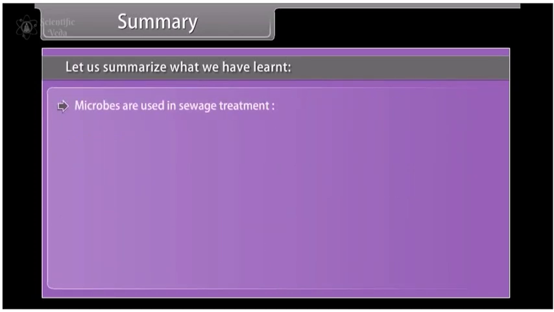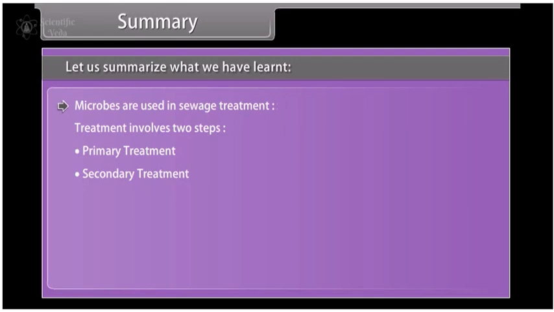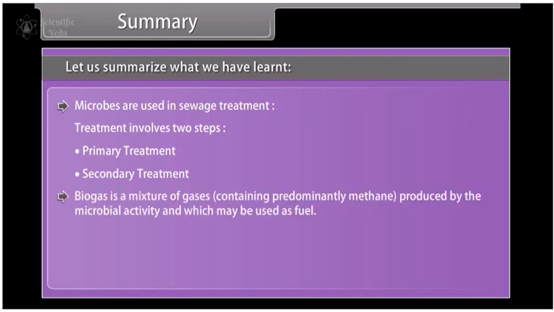Microbes are used in sewage treatment. Treatment involves two steps. Number 1, primary treatment. Number 2, secondary treatment.